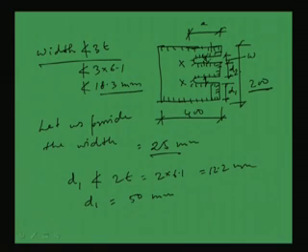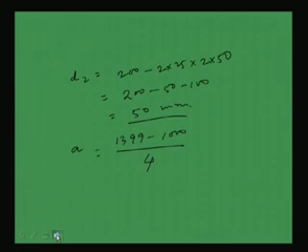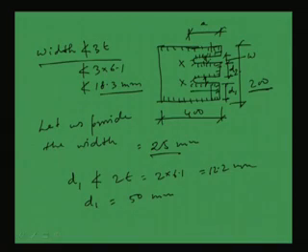So, 4A will be equal to the rest length, that is 399. So, 399 by 4 will become 100 mm. So, the length of the slot will become 100 mm. In this way I can find out.